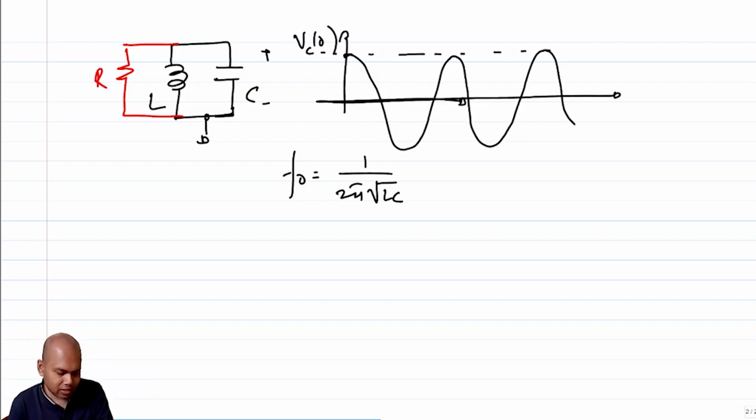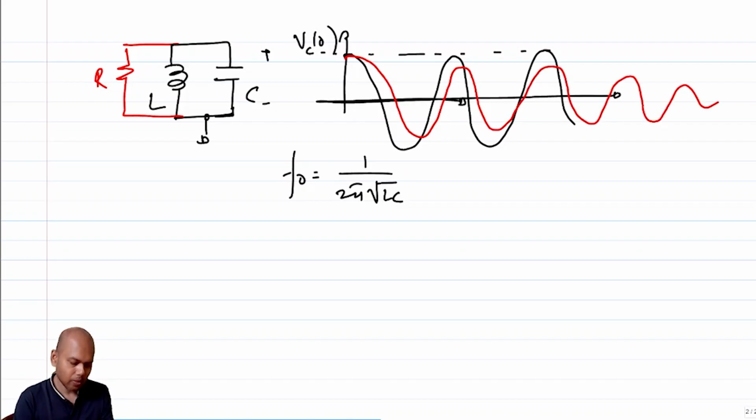And if this is the case, what will happen? Depending upon the value of this resistance, this nice sinusoidal waveform will eventually die off. The rate at which it will die off will depend on the value of the resistance. Larger the resistance, quicker it will die off.